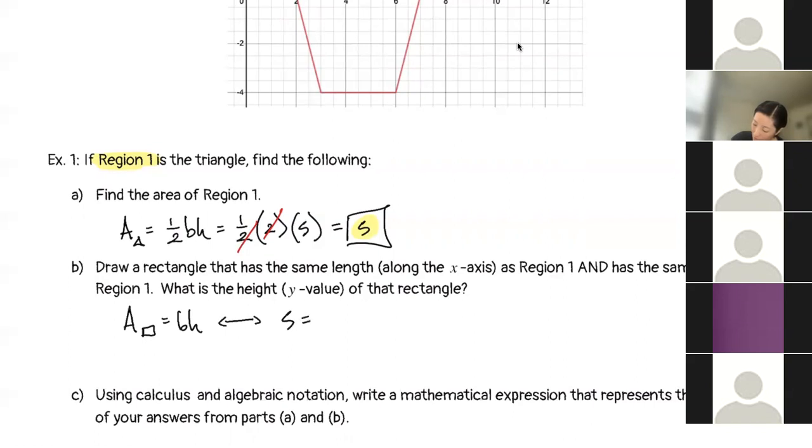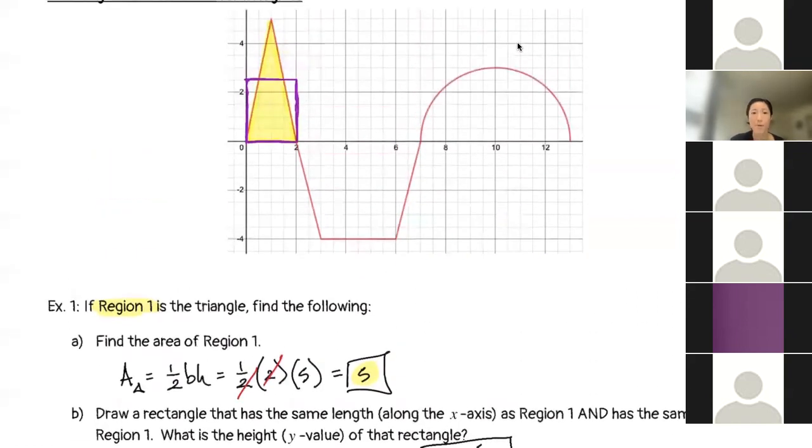We know the base is 2, and we want to know the height of the rectangle. And if we do a little bit of algebra, we get h equals 5/2. Perfect. Okay, so 5/2 is 2.5. And if you go back up to that purple rectangle, it should have a height of 5/2. Okay.